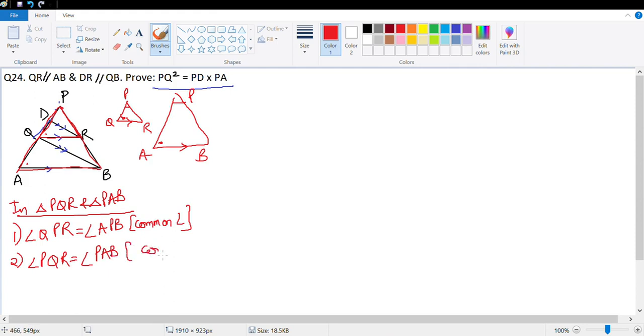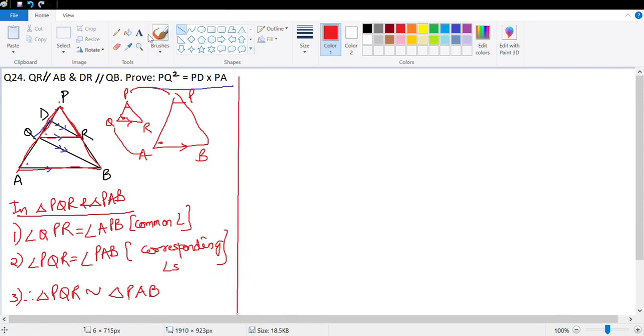These are corresponding angles. So what this means is, therefore triangle PQR is similar to triangle PAB. P corresponds to P, Q corresponds to A, and R corresponds to B. So which means I've got my two triangles similar. Let's see what this will give us. This is by the AA test.